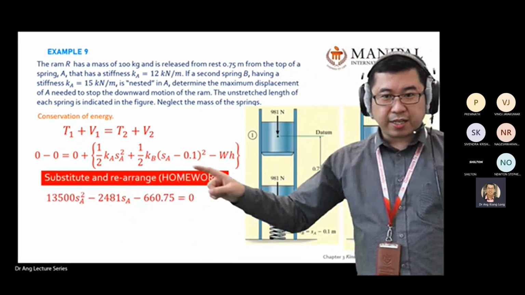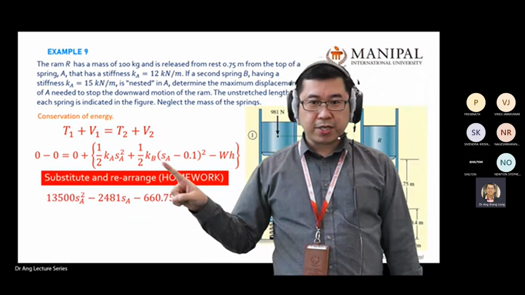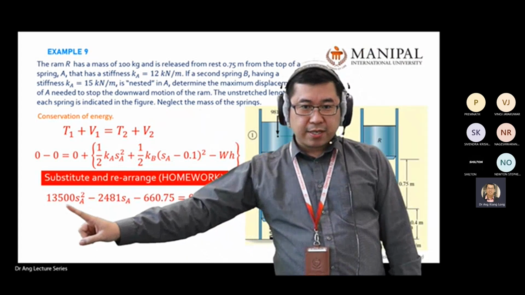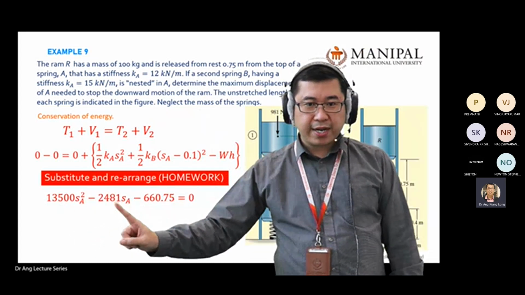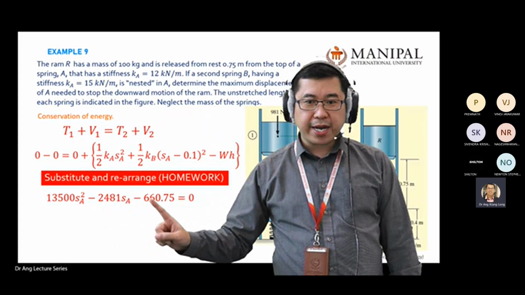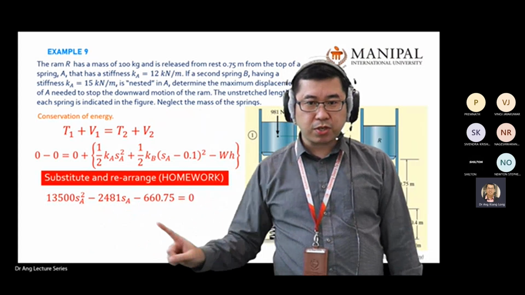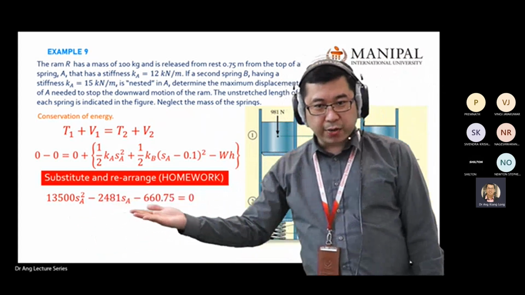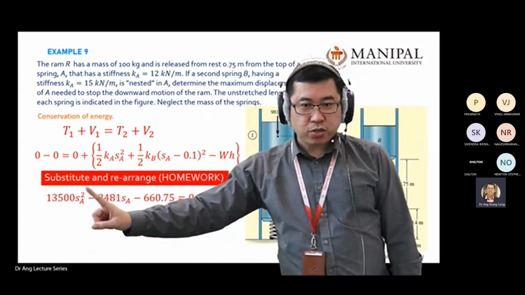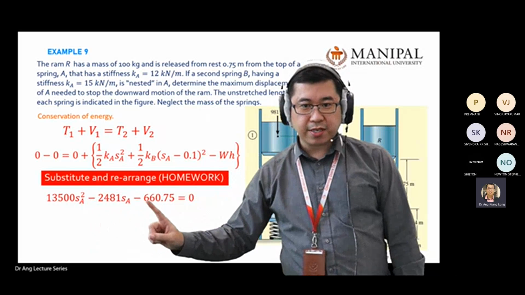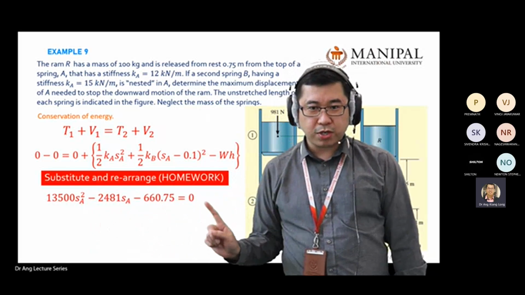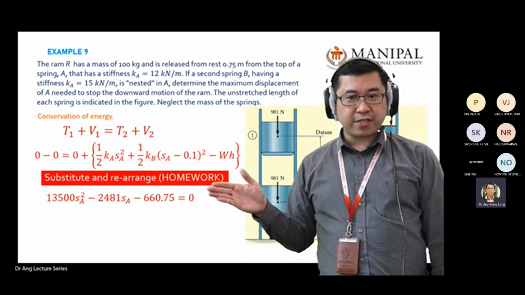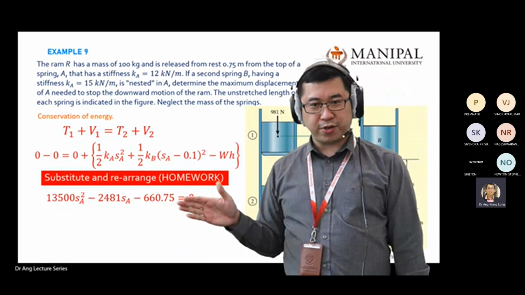You will get a quadratic term, because here you have s squared. You arrive at something times SA squared, minus something times SA, minus something equals 0. This is a quadratic equation, Ax squared minus bx plus c equals 0. Solve for the roots of the quadratic equation.